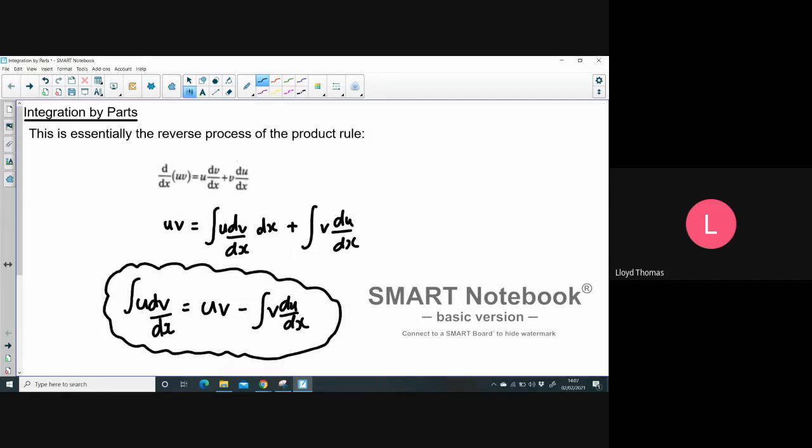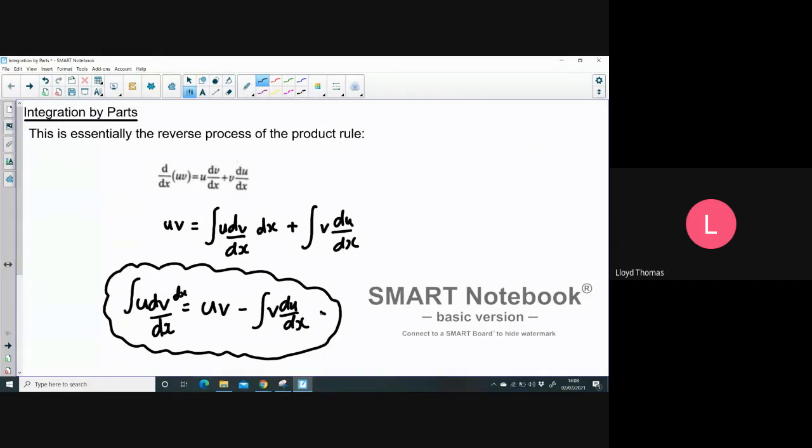For the product rule, where you have two things multiplied together that you differentiate, you have uv to begin with. The difference is when you have two things multiplied together with integration, one of them is called u and the other one is called dv by dx. I should have written dx on the end there. So we can put dx on the end of each of these.